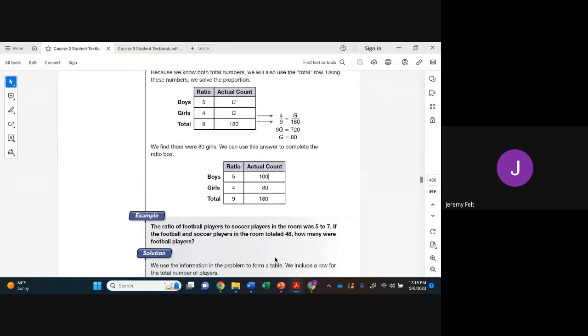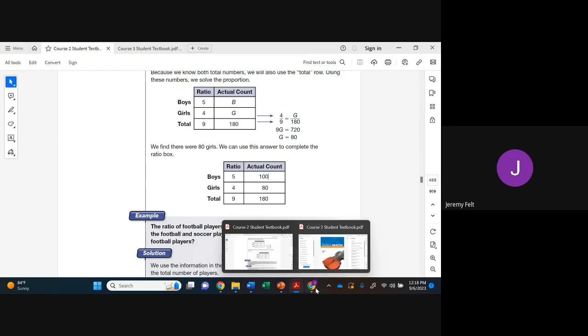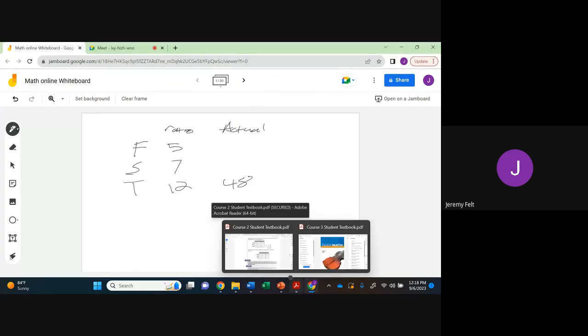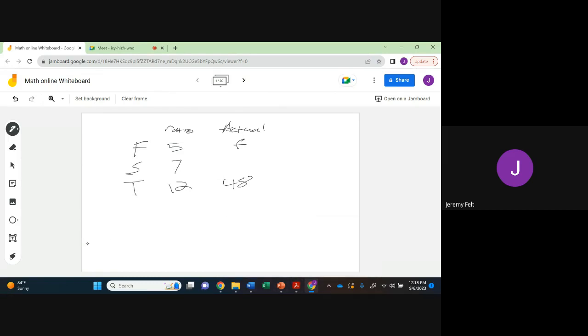What was it? If the football and soccer players in the room totaled 48, how many were football players? So we want to find our football players. So we'll use F or X or whatever you want to. So 5 to 12, that's our total. Football players to total equals football players to total for our actual count.